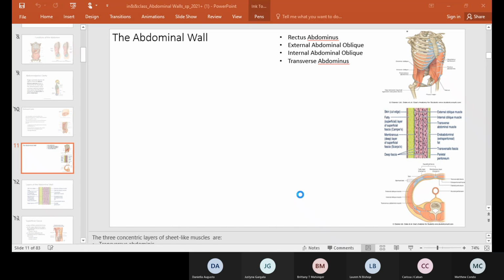If I'm going to rotate my trunk to the left, which two muscles are going to make me rotate to the left? Right external, left internal. Okay. If I'm going to rotate to the right, what muscles are going to make me rotate to the right? Right internal, left external.